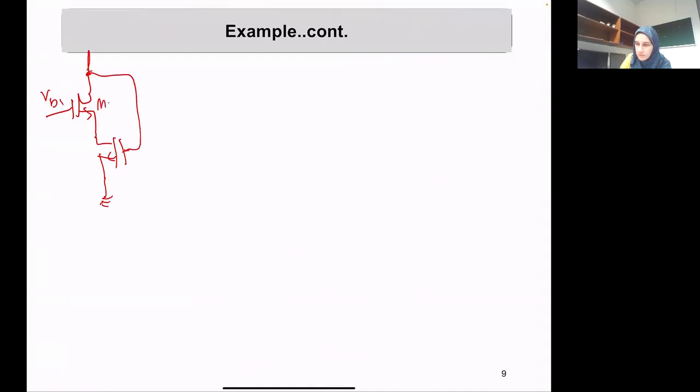This is M1. This one is quite tricky because you cannot assume that you are seeing an R out down here, because the gate is not grounded. Again, we cannot make the assumption that we are seeing R out 2 here. Why? Because the gate of this one is not grounded. It's connected to the drain of the first one.